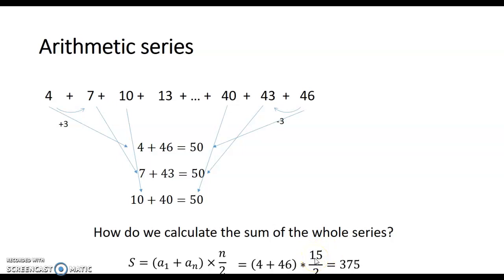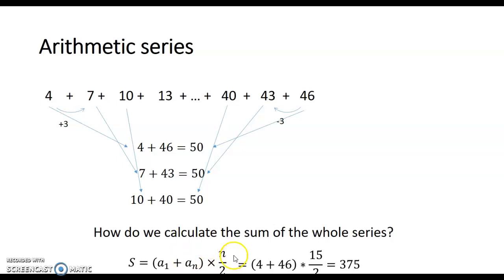If you're skeptical, I want you to try and calculate all the values in the sequence and find the middle one, because there will be one middle one without a pair, and that value will be 25. Half of the sum of the first and the last. I'll let you work on that at your own time.